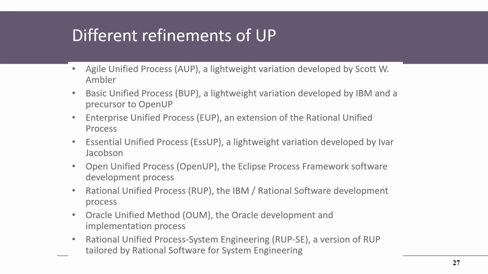Enterprise Unified Process is another one developed from the Rational Unified Process. Then Essential Unified Process, Open Unified Process (OpenUP) in the Eclipse framework, and then RUP is, as I told you earlier, the ancestor unified process model.